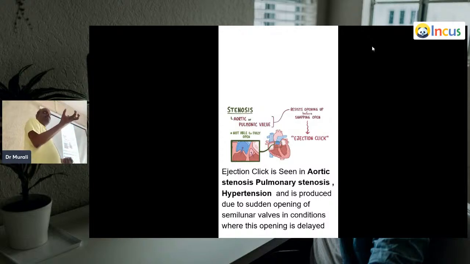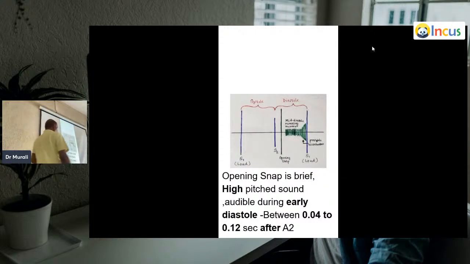Whenever the left ventricle is producing a lot of pressure underneath, the valve will undergo ballooning. That can lead to a click. Understood? In AS and PS. Why in hypertension? Even in hypertension, the left ventricle has to use a lot of pressure to push the blood into the aorta. That can cause ballooning of even a normal aortic valve. That's the reason an ejection click can be heard even in hypertension, is what you have to remember.